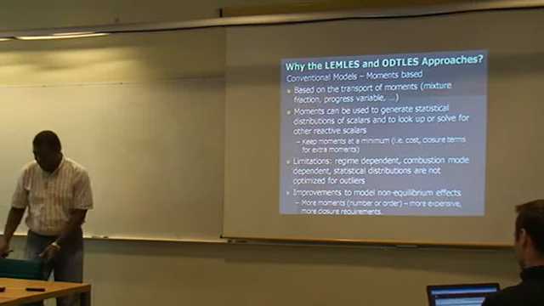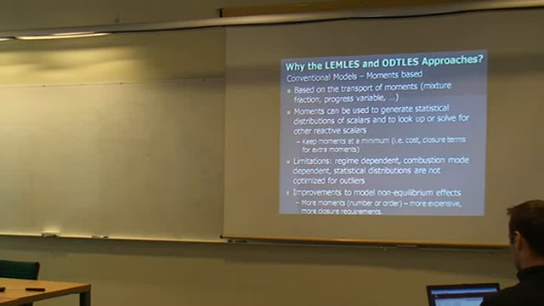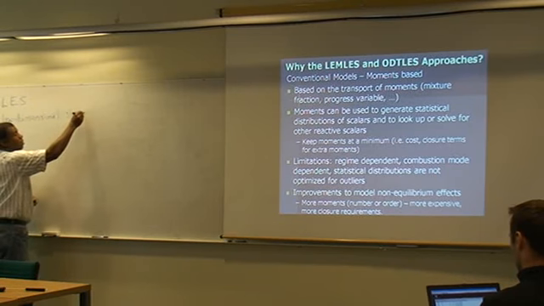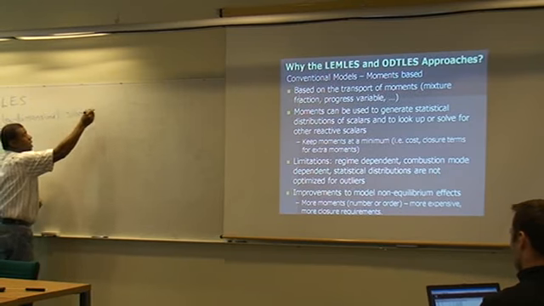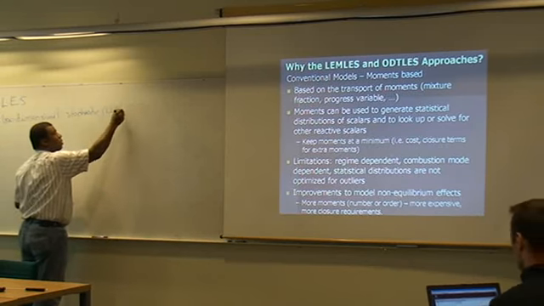I'm going to steer the discussion a little bit towards the combination of everything, which is when you take LES with what I would call low-dimensional stochastic models, or one-dimensional stochastic models, and that includes LEM and ODT.